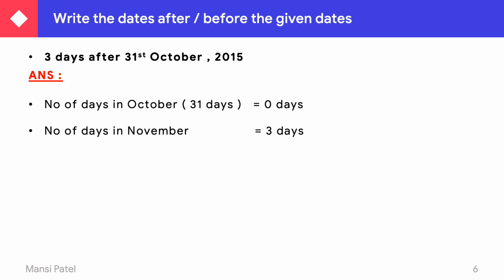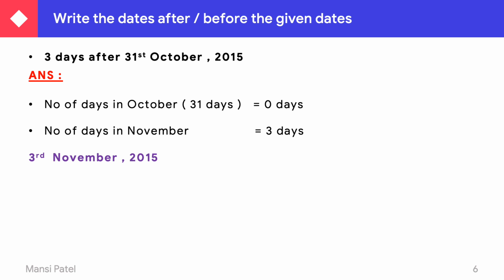After that, the number of days in November. After October, which month is coming? November. So these are 3 days of November, meaning 1st November, 2nd November and 3rd November. So the answer is 3rd November 2015.